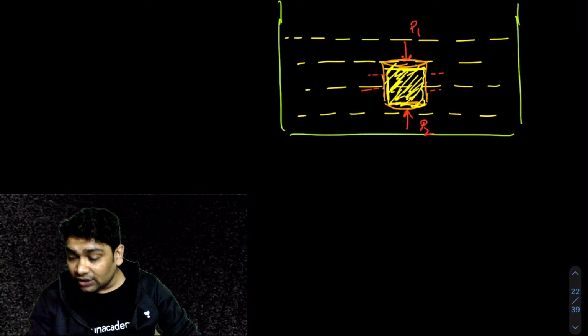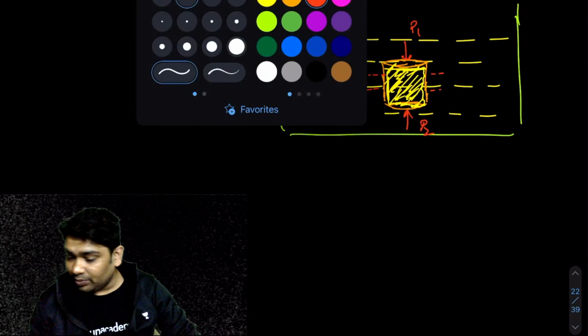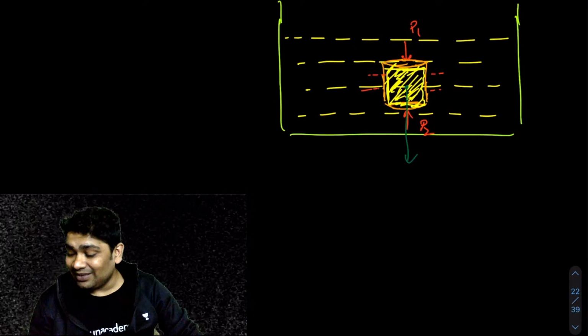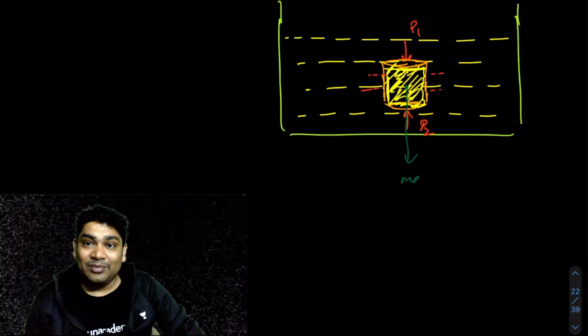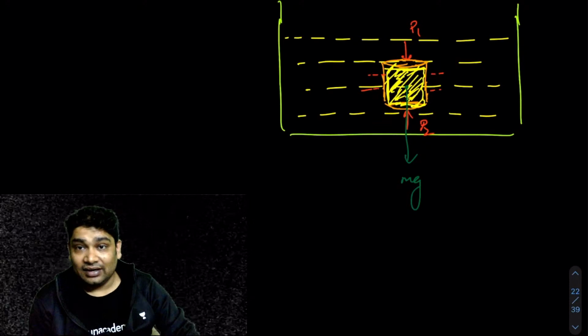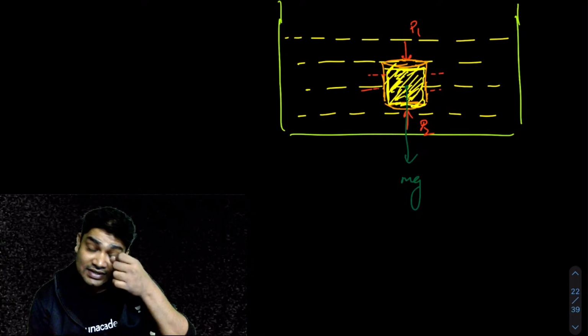Now you will have another force acting on this, which would be the force of gravity, right? There would be some mg, where m is the mass of the liquid contained in this section.